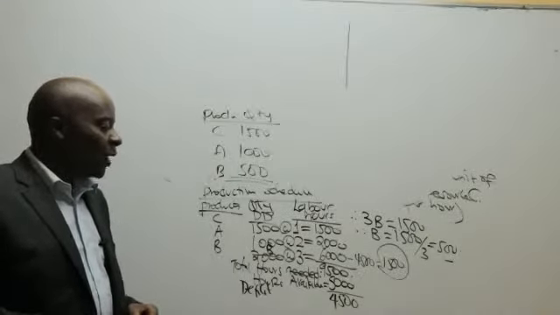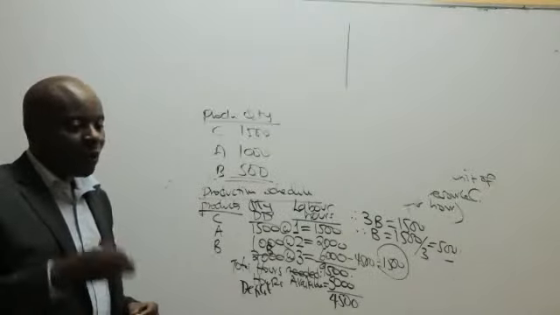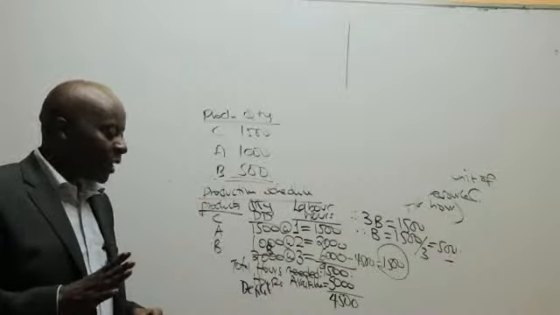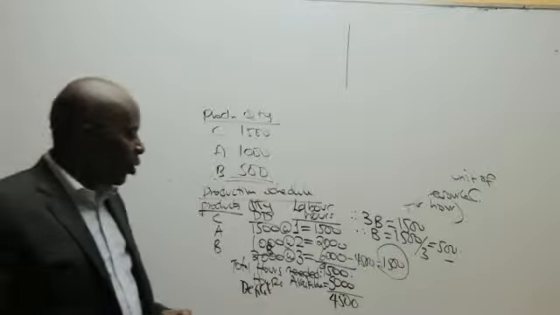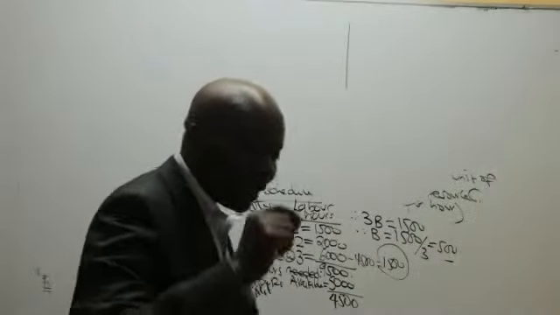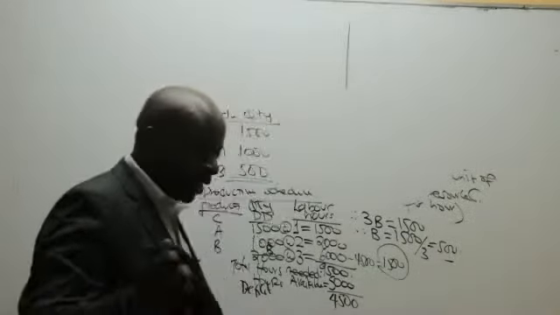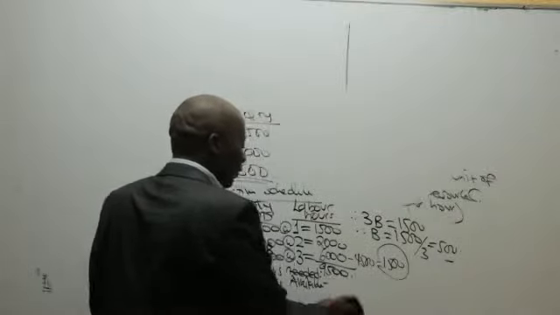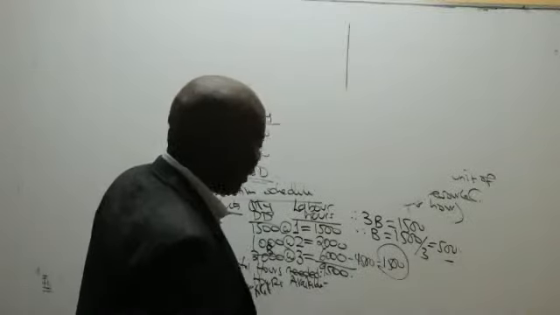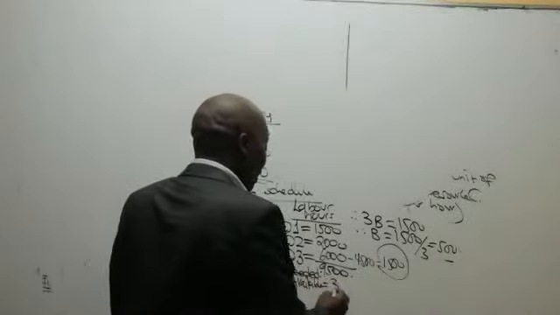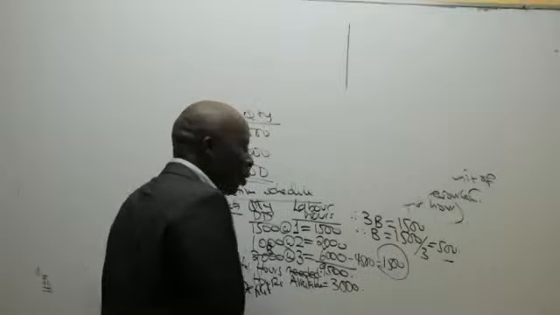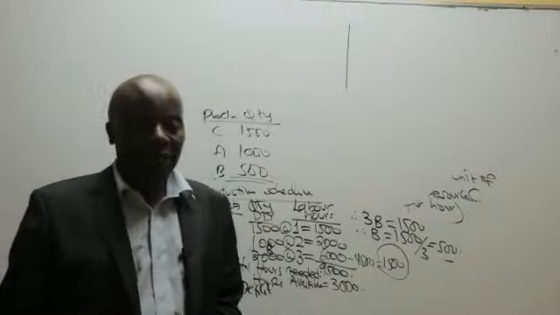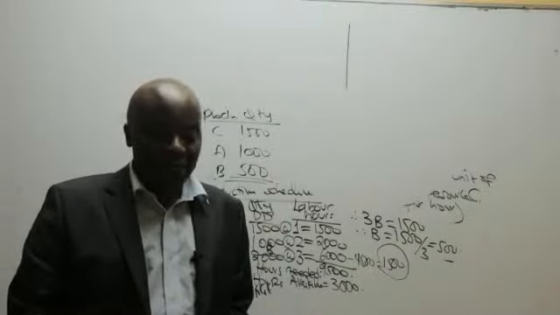Now, I would want you to do me a favor, even if it means we are doing this at the back of our books. I would want us to look at a scenario where the hours available were 3,000 only. If the hours available are 3,000, what would have happened in terms of production quantities?